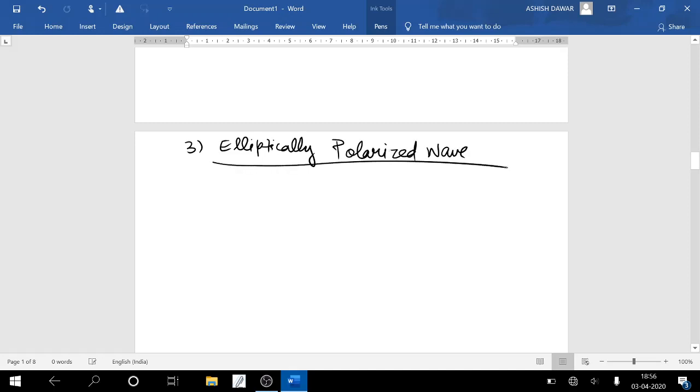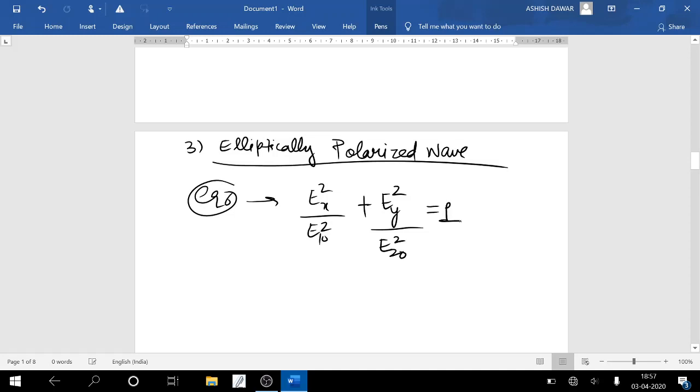Okay, so equation number 6 is Ex square upon E10 square plus Ey square upon E20 square equals 1, which is an equation of an ellipse.